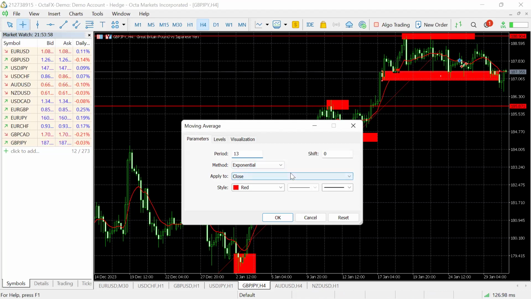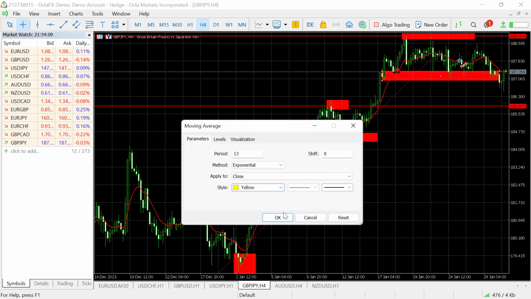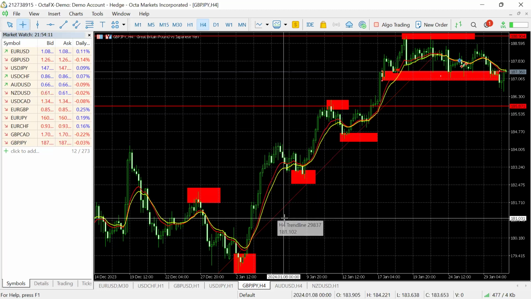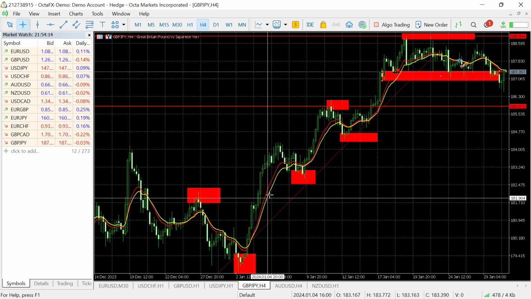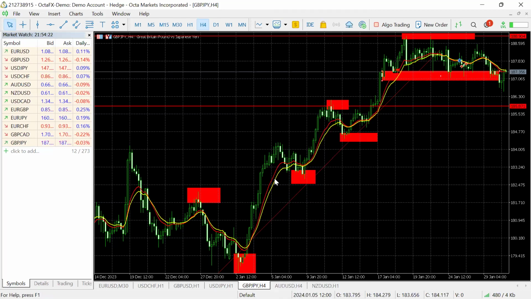It depends on whatever setting you want to use. I'm not very big on moving average. So let's set that as yellow. Not quite much. Let's take it out. Delete indicator. So let's put 5.